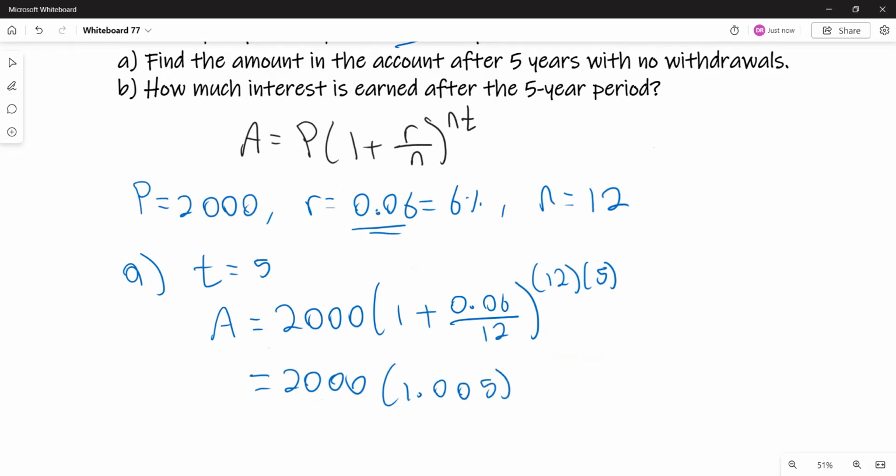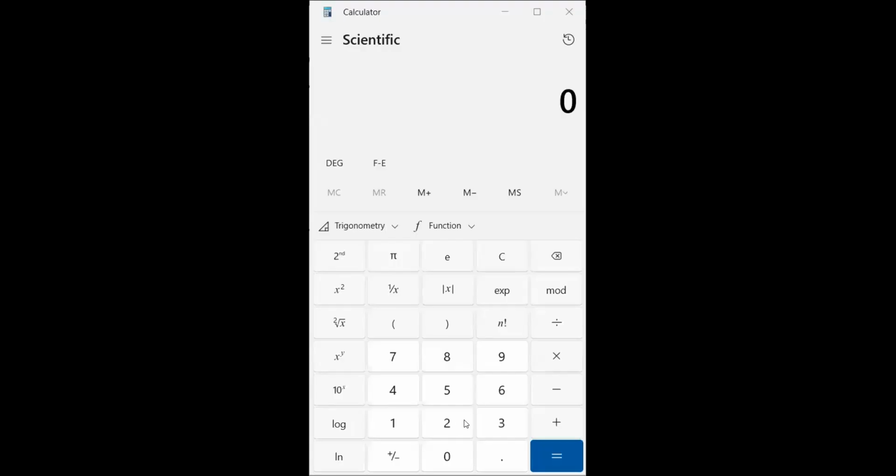And 12 times 5 is 60. In problems involving money, we're going to round the answer to the nearest cent. This is 2,000 times 1.005 to the 60th power. So that's going to be $2,697 with 70 cents.